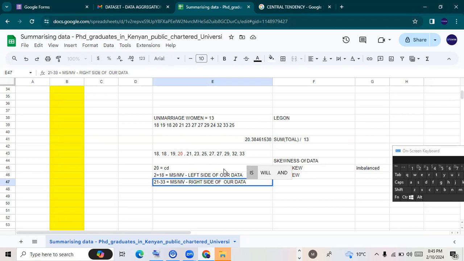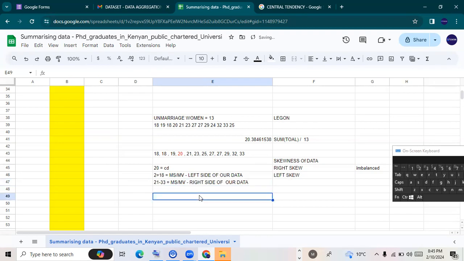And measuring these measures of spread, we said we are going to look at our range, our standard deviation, and our variance. As simple as that.